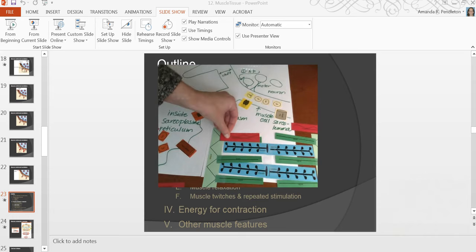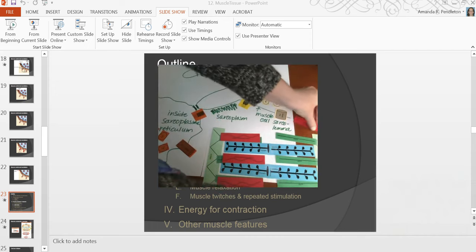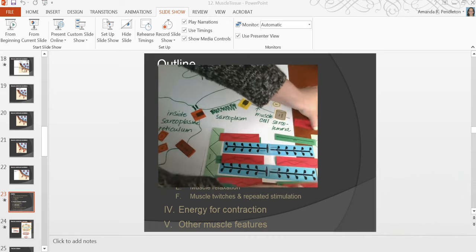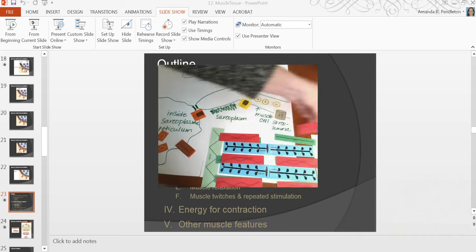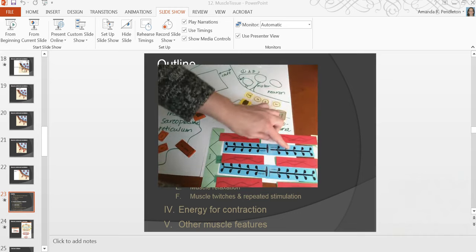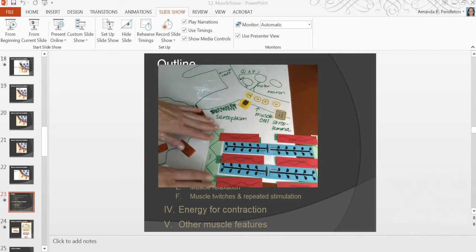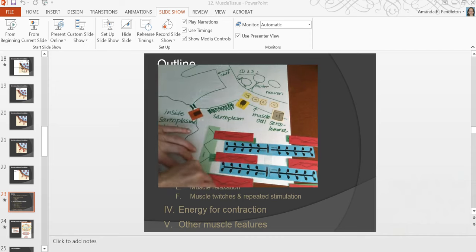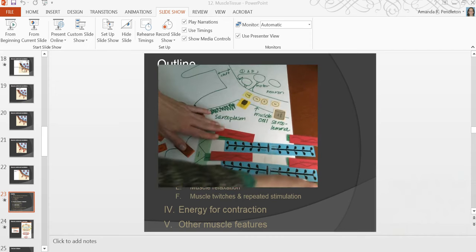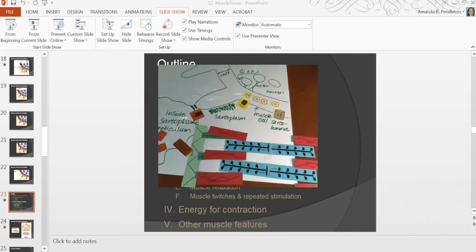So troponin, tropomyosin will hop back onto actin, covering it up, and it will prevent actin and myosin from interacting. And when they can't interact, this sarcomere now lengthens, causing the muscle to relax.